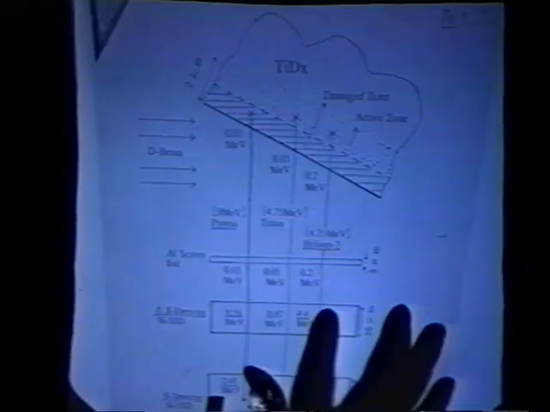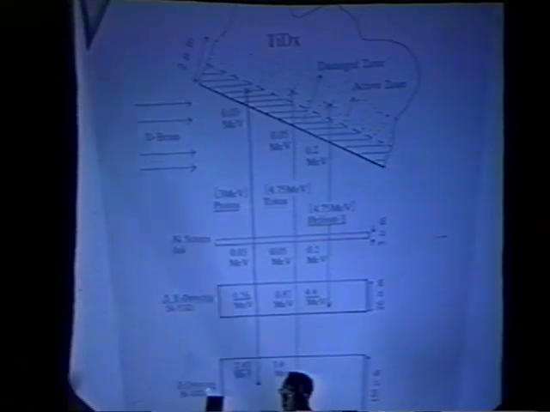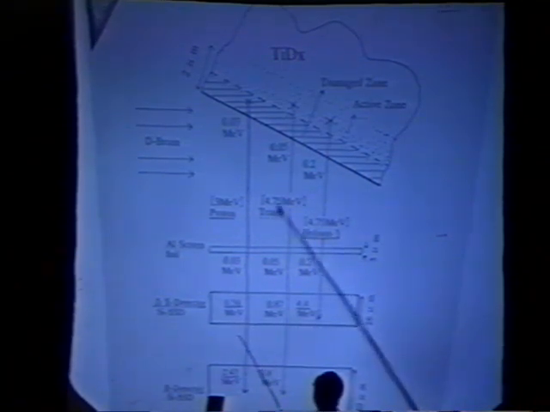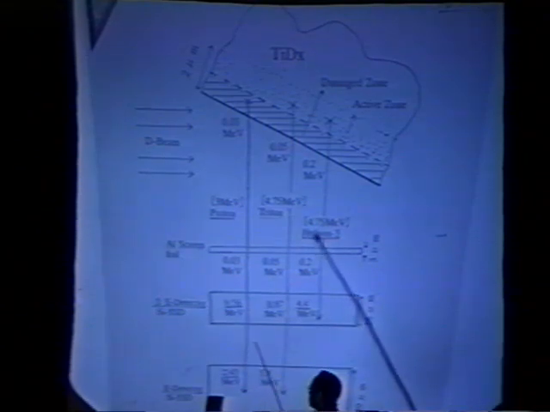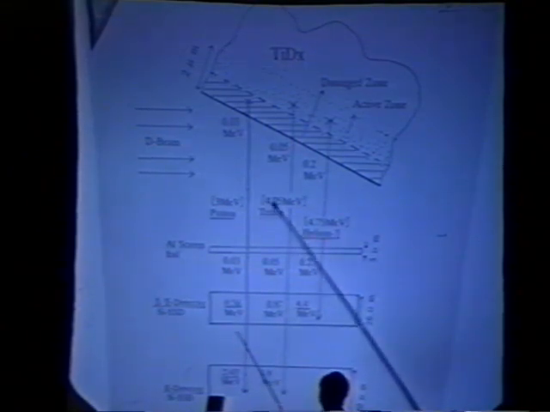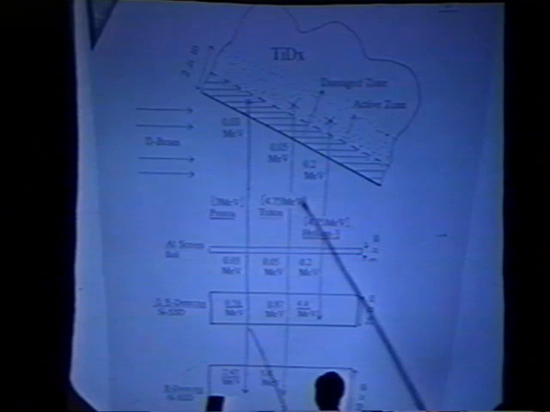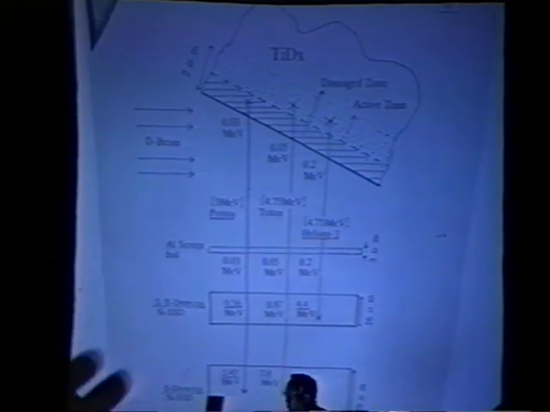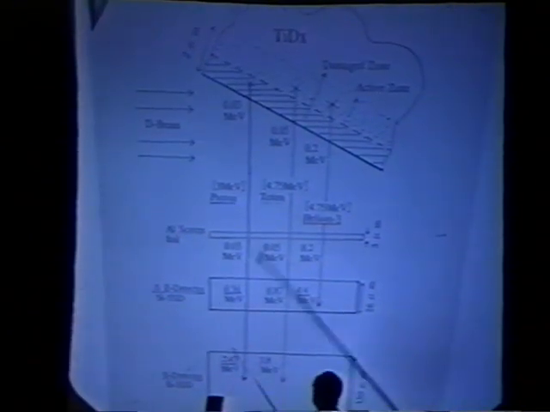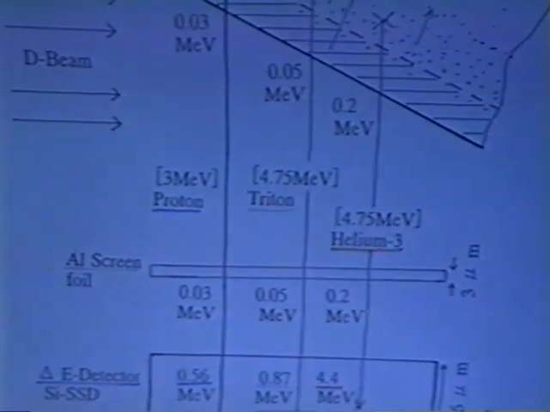And to select the detector thickness and so on, that depends on the purpose of the measurement. In this case, we wanted to detect the, so to say, three-body fusion products, like triton and helium-3, about 4.8 MeV. So we estimate the energy loss by the screening foil and delta E detector.